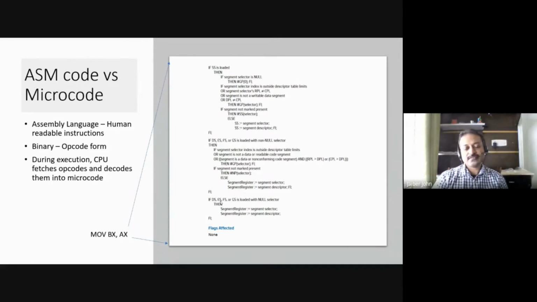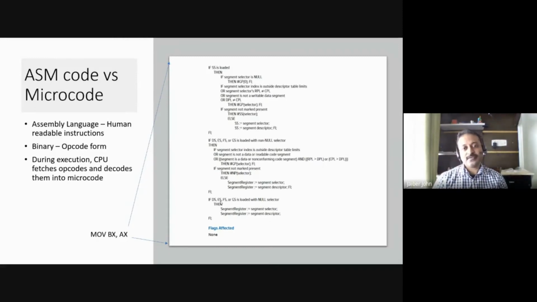Because copying from one register to another is not that easy. If you do a copy from memory to another register, we have to check so many things. For example, if a user is executing this instruction, he cannot move some data from a restricted area, right? So we have to check that.